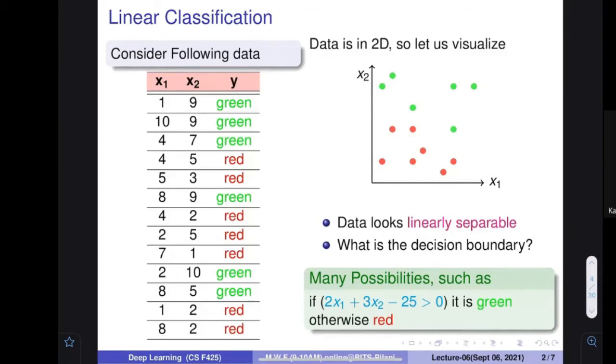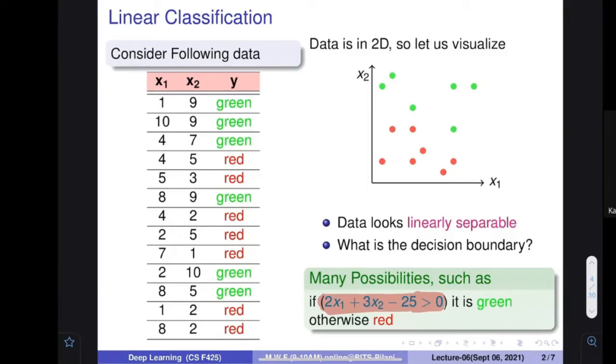But if somebody can tell me, for example, 2x1 plus 3x2 minus 25 greater than 0 is the equation. What do I mean by that?